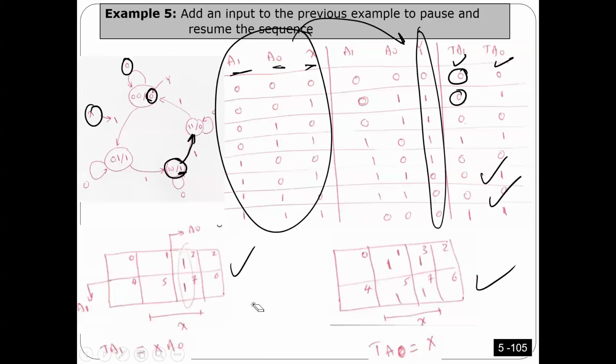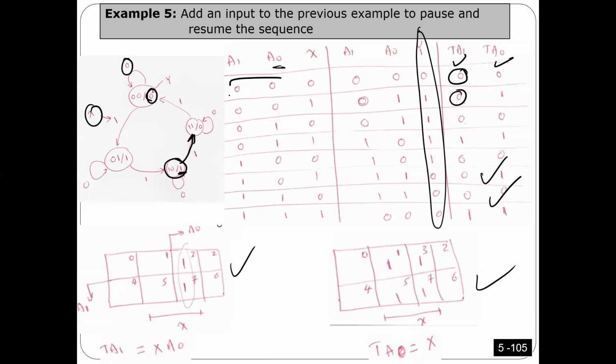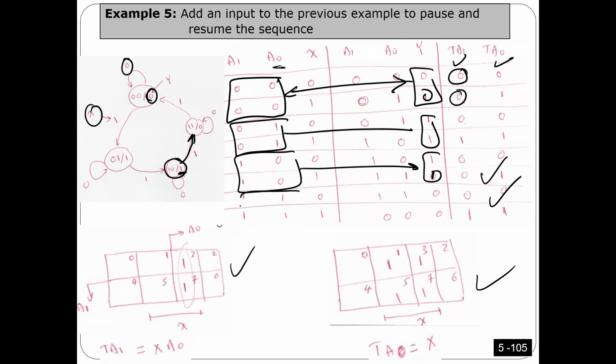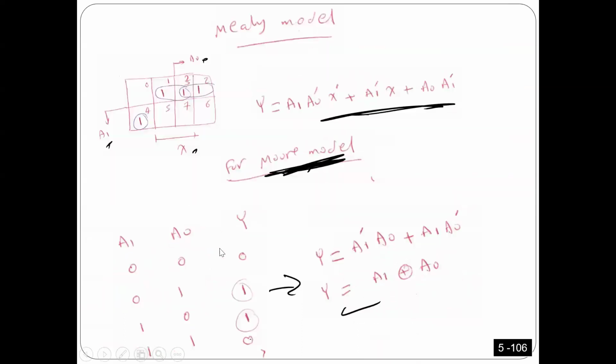It's actually not a new table. You can see if it is 0, 0, it always has to be 0. If it is number 1, always 1. If it is number 2, always 1. If it is number 3, always 0. You got what I'm saying? In this case, regardless of what x is. So yes, I can make it this way as I explained.